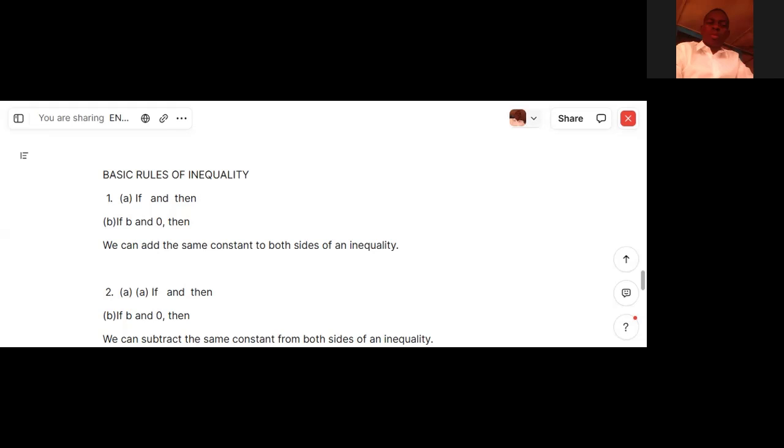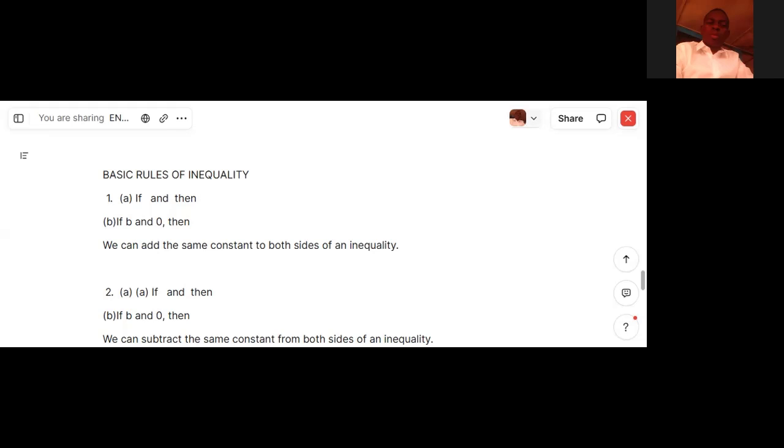If you have A is less than B, such that C is greater than 0, then if you add, A plus C is still less than B plus C. So it suffices to say that we can add the same constants to both sides of an inequality. It doesn't change the sense or direction of the inequality symbol, right?